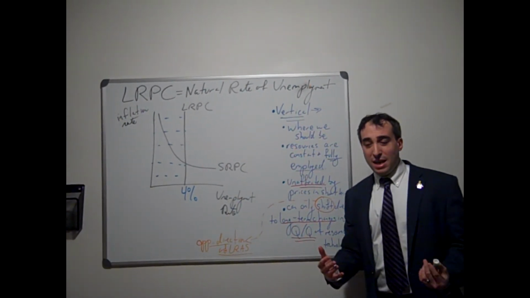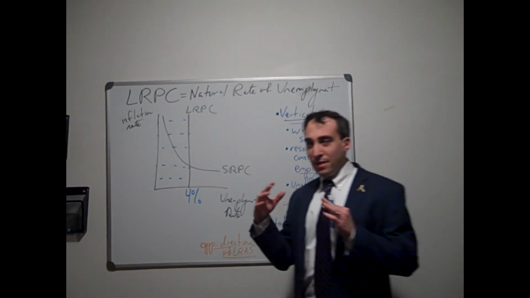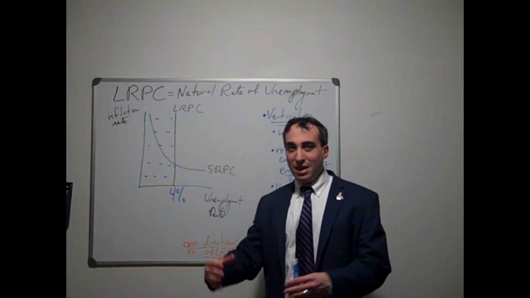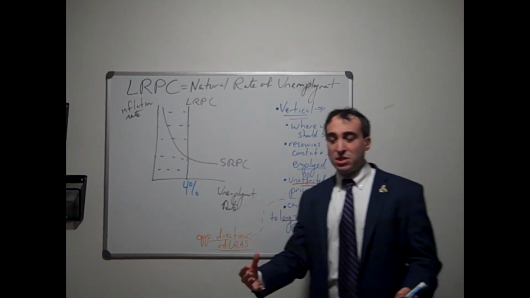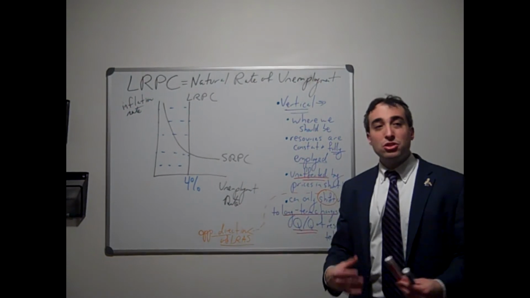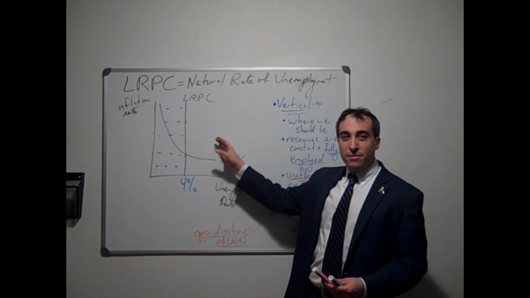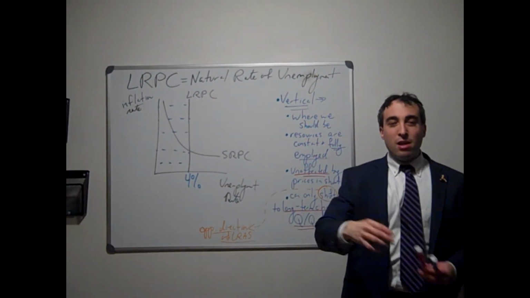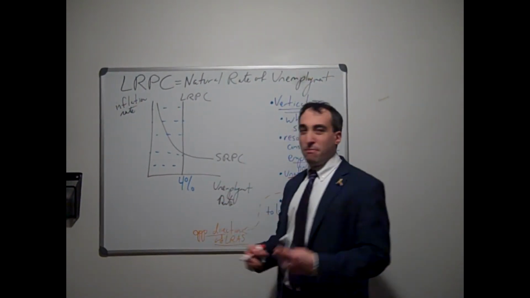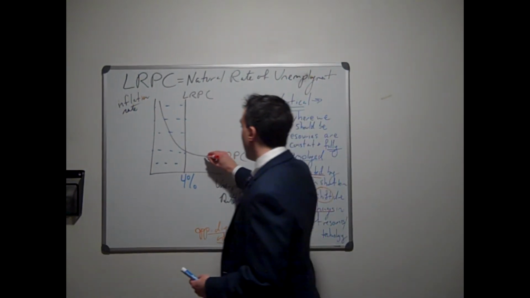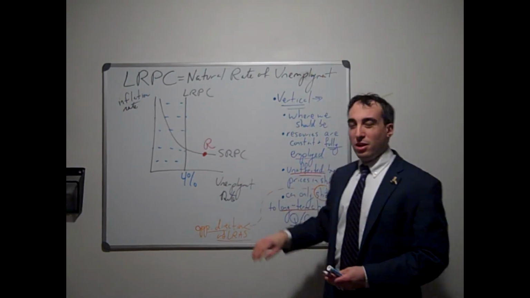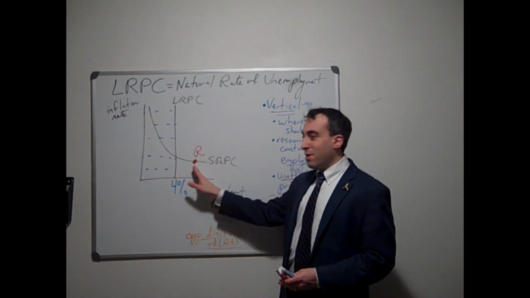And so for an AP test, just like in the full employment graph, we could also show where we are versus where we should be, and the effects of fiscal policy. We could do that here too. Sometimes a question might say, on a Phillips curve, label recession as point R. We would put that point R right over here, because we are in a recession.